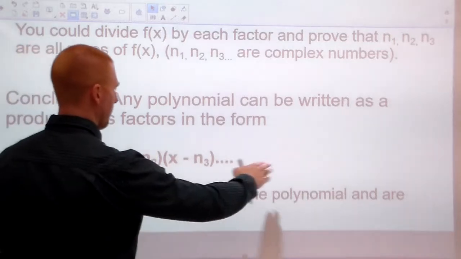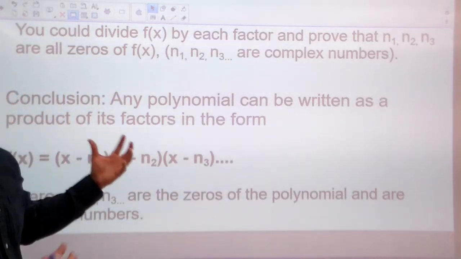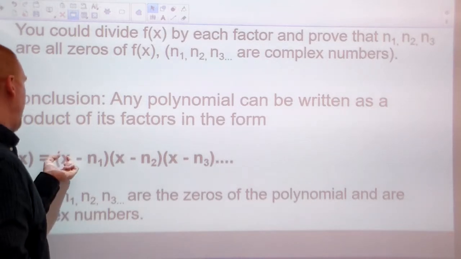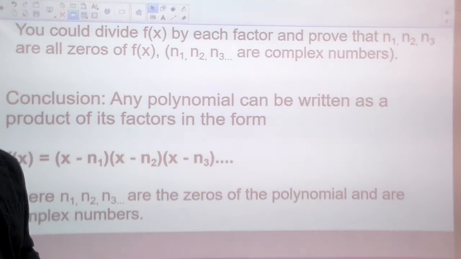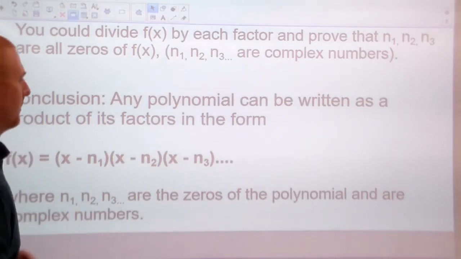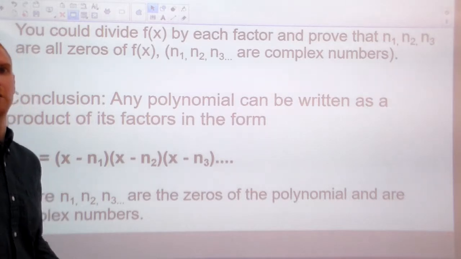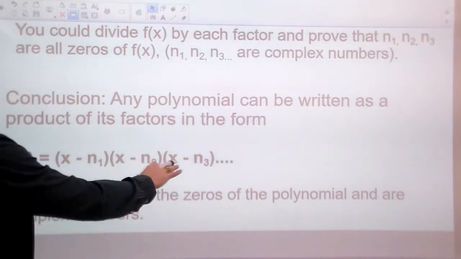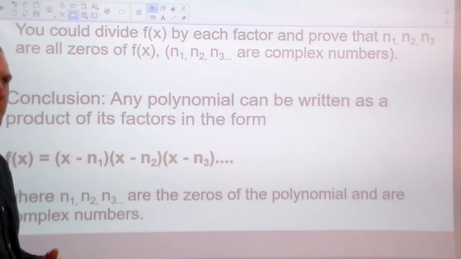If you think about all the factors, the leading term is going to be x to the power of however many factors or zeros you have. So it's another little piece of this that's in the background. It's something we usually accept to be true, but that's why. It's not fully laid out, but that's something you can interpret there.